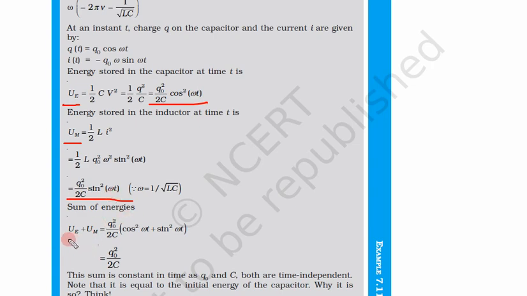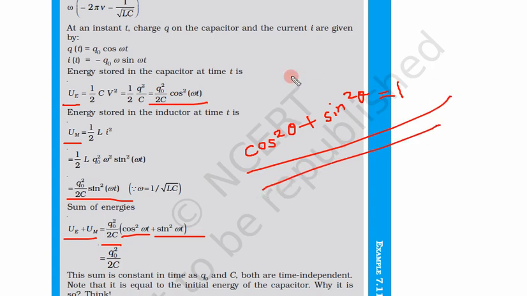Now let us sum these energies. So UE plus UM. First we take Q0 square upon 2C common, and from this we get cos square omega t, and from this we get sin square omega t. Again let us use the identity: cos square theta plus sin square theta is equal to 1.